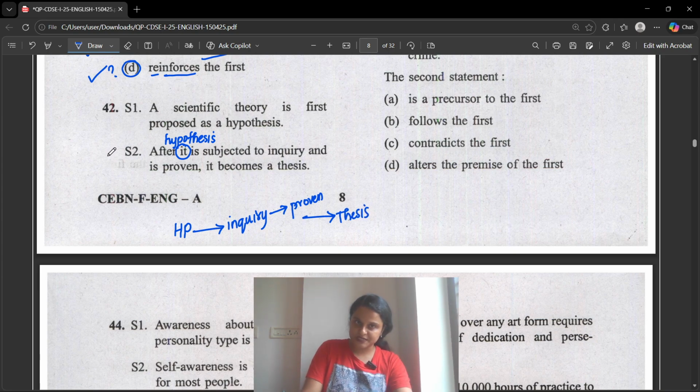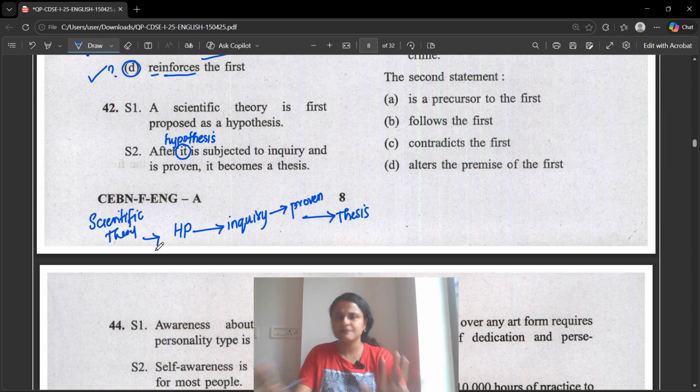That's what statement 2 says. Fine. Let's see statement 1. A scientific theory is first proposed as a hypothesis. So, any scientific theory first begins as a hypothesis. Okay, fine. Just see whether we can come up with our own relations.